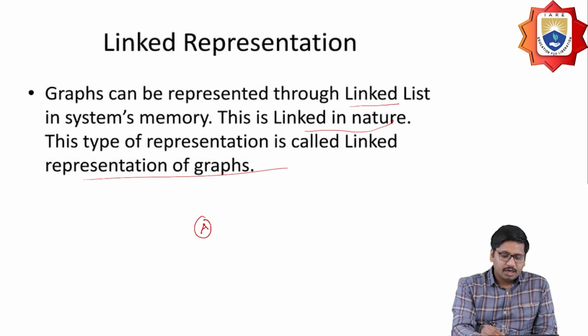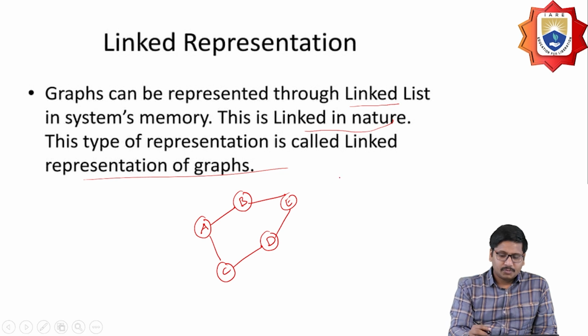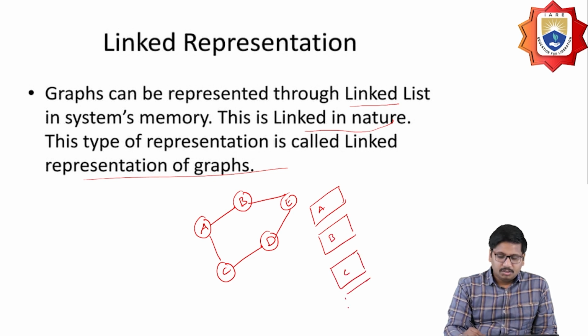Suppose I have a graph like this. How can I represent this in linked list form? For that, first I have to present the nodes A, B, C, D and E. For A, what are the edges connected?